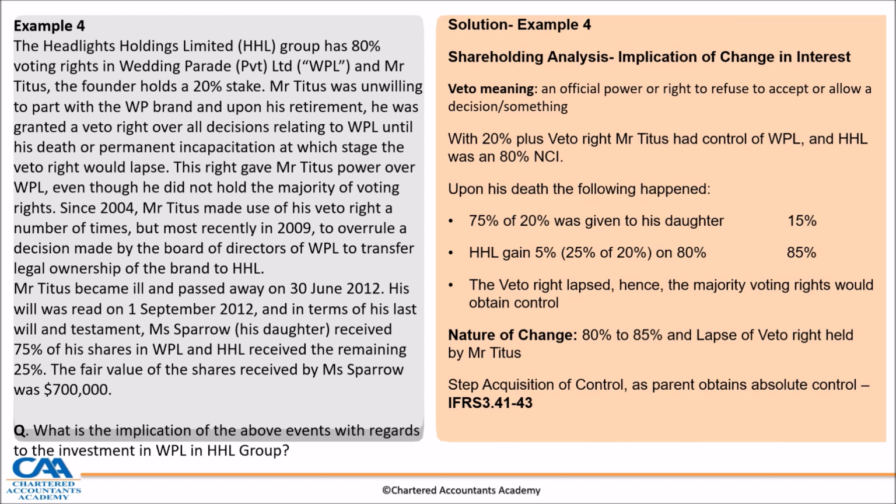So, in other words, when the veto right lapsed because of his death, it means that control moves from Mr. Titus to HHL at 85%. So this is a step acquisition of control as the parent obtains absolute control, which is accounted for under IFRS 3.